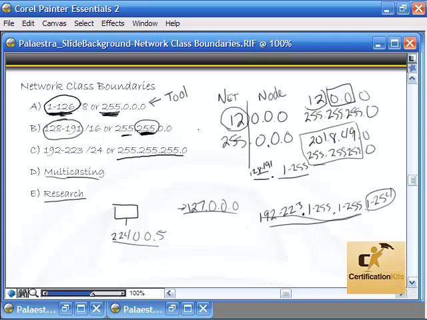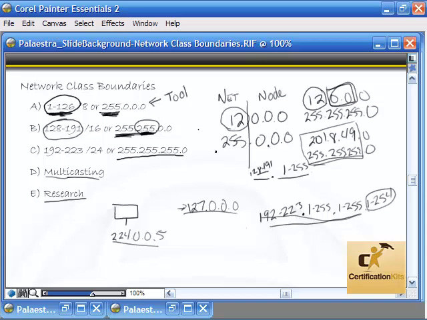Class A only uses the first octet for network, so when I use a Class A address, I get 2 octets of subnets. With a Class C address, I don't get any subnets out of this mask because this is the default mask. That's my starting point. So it's very important to be able to look at the first number in an address and determine what class it's a part of, because that tells you what the starting point was for the subnet mask and how many potential subnets you have based on the new subnet mask.